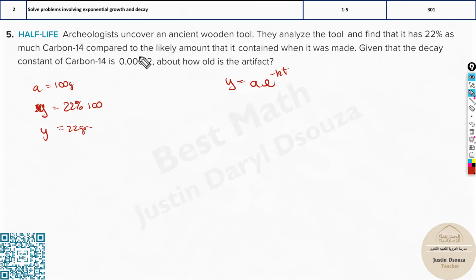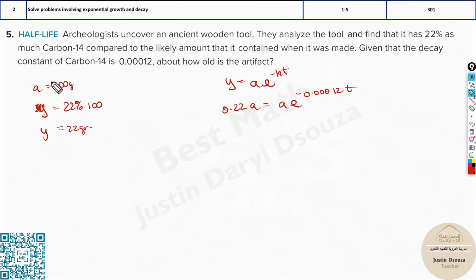So now in this case, you need to write given, but I'll directly substitute over here. Y will be 22%, which is 0.22 A equals A E to the power minus, what is the K value? Carbon is always having 0.00012 and time is what they require, isn't it?